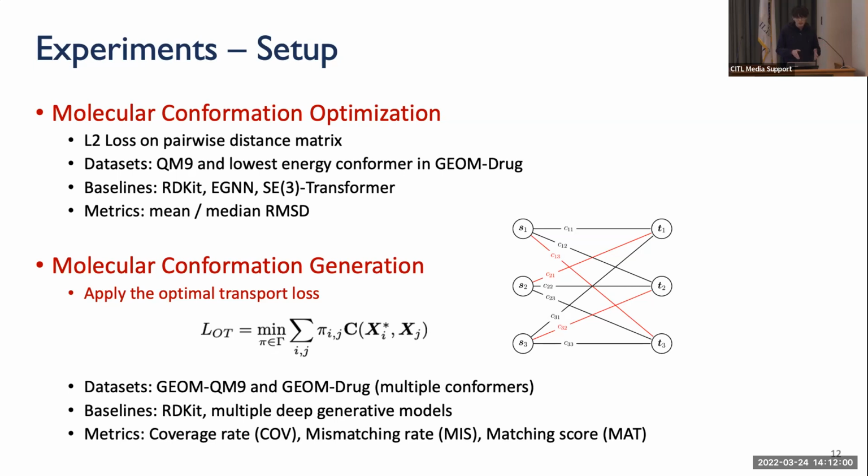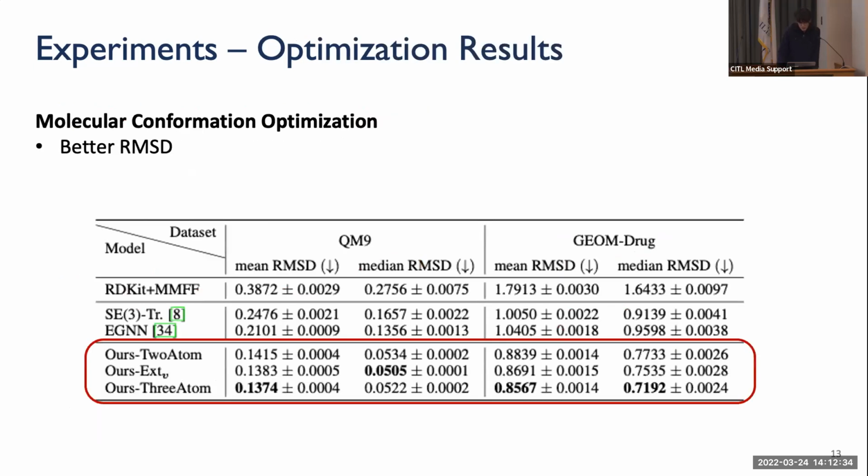It means we will feed our model with different initial conformers, and our model will optimize these conformers to some low energy state, and we will compute the matching between the conformers in the generation site and the conformers in the reference site, and compute the corresponding L2 loss and minimize them. And for this setting, we compare our model with some previously proposed deep generative models.